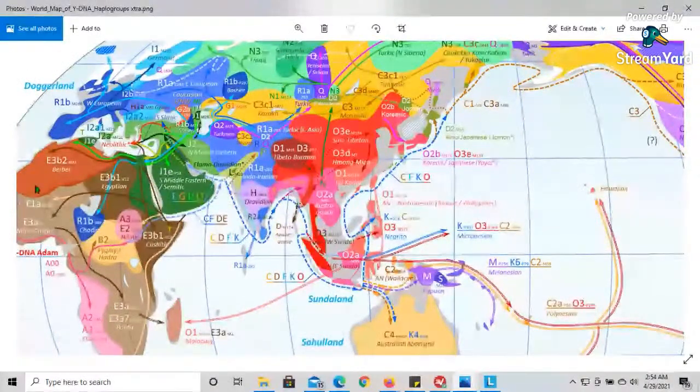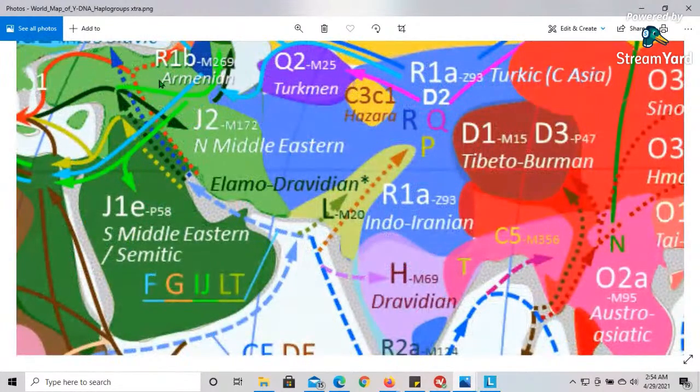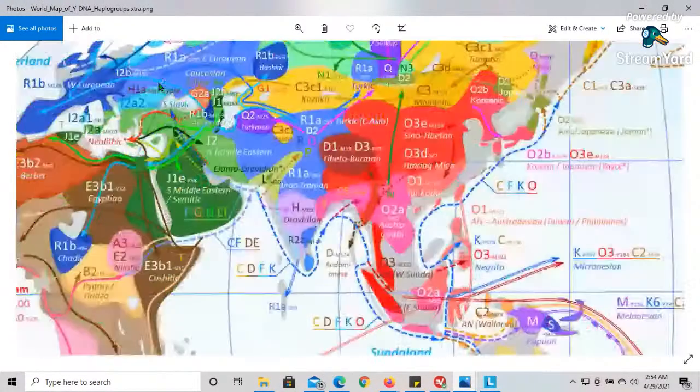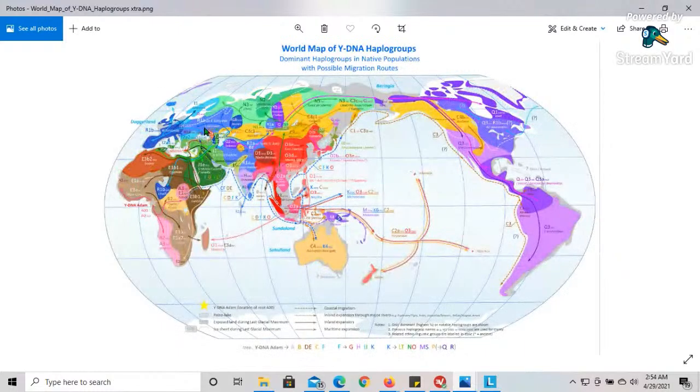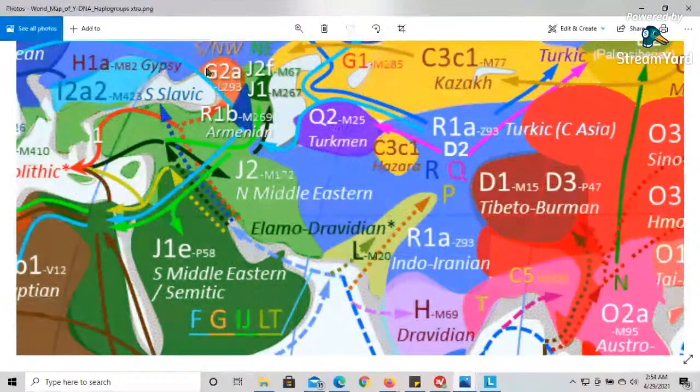Okay, so we're going to the Black Sea up here. Okay, this is not working. Try again. Okay, the area that we're looking at, of course, we have the I2A here, but this is all the way to the Mediterranean Sea.